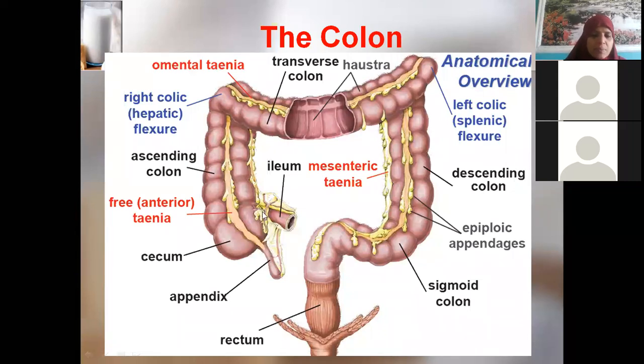Ileocecal orifice, or the ileocecal valve. So overall, the large intestine is covered with the taenia, and there are fat filled pouches called epiploic appendages or appendices epiploicae.